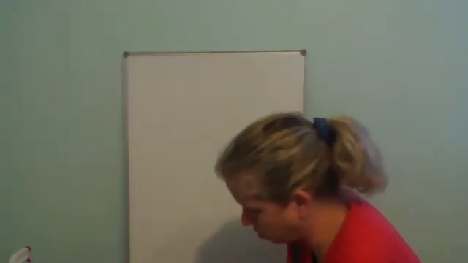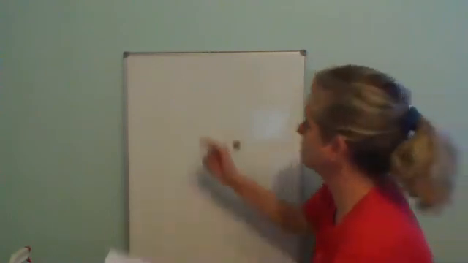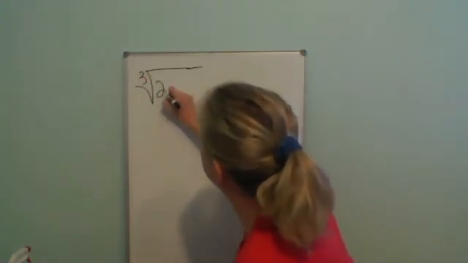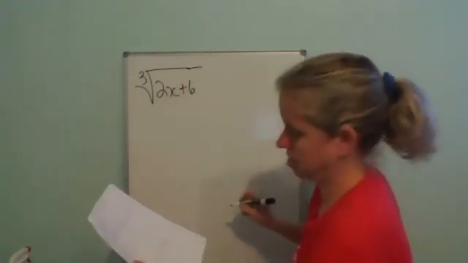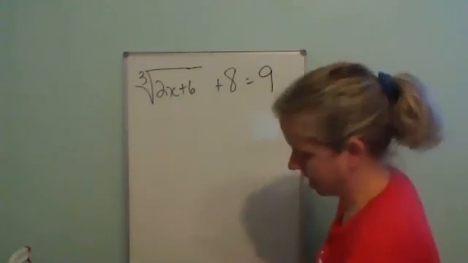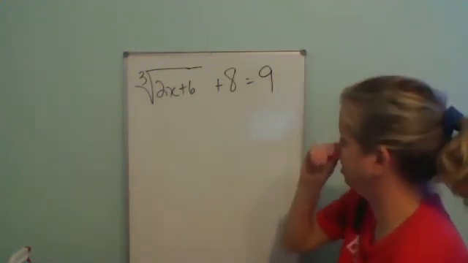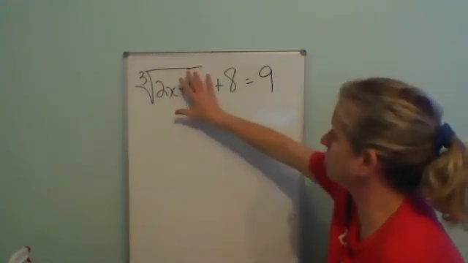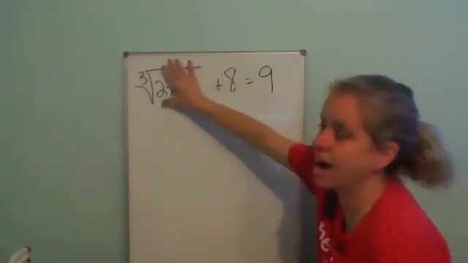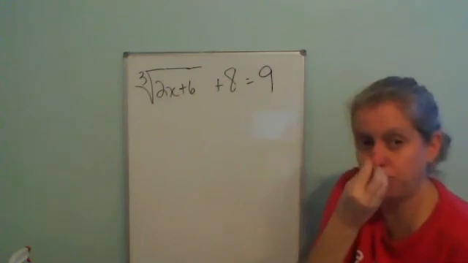All right, number 24. The cube root of 2x plus 6 plus 8 equals 9. So on this one, when you're solving a radical equation, if there's anything outside of the radical, you want to remove it first.